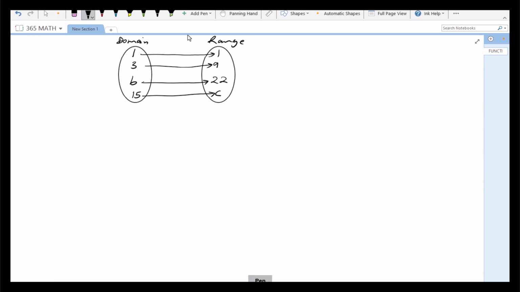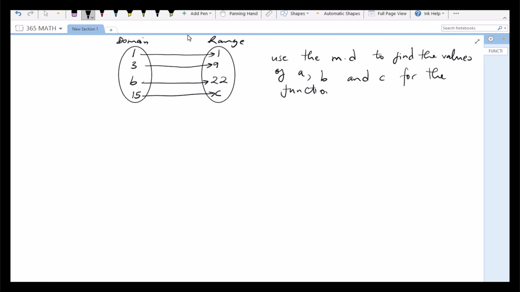What we're going to do is to use the mapping diagram, I'll write it as MD, to find the values of A, B, and C for the function f of x is equal to 3x minus 2.